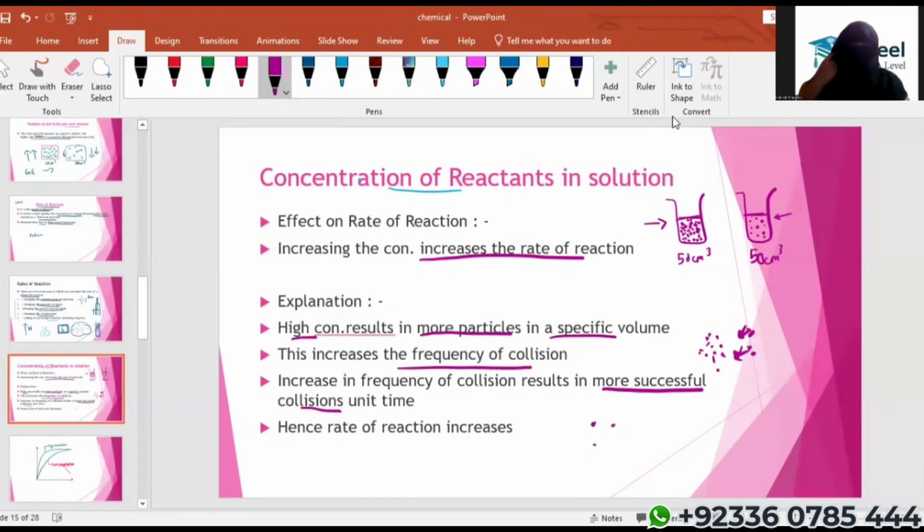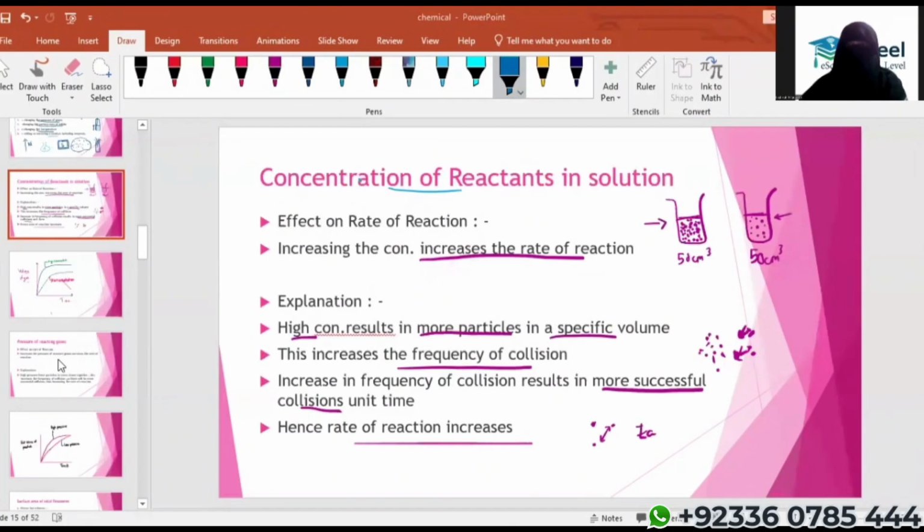If particles collide more frequently with each other, and if they collide with sufficient energy that is greater than activation energy, then the rate of reaction will increase. So now you know what happens when you increase the concentration of reactants.